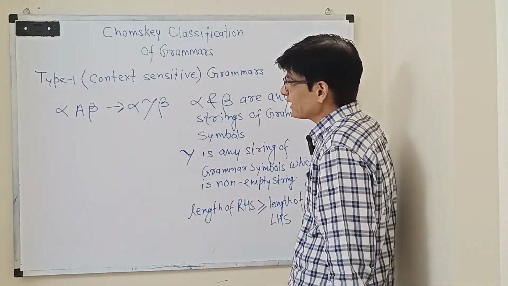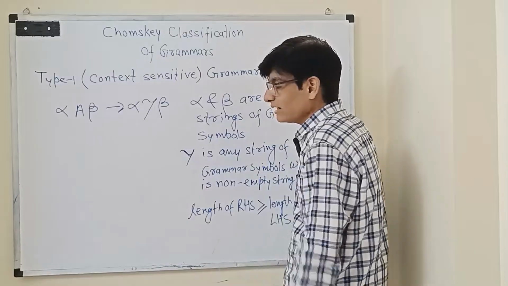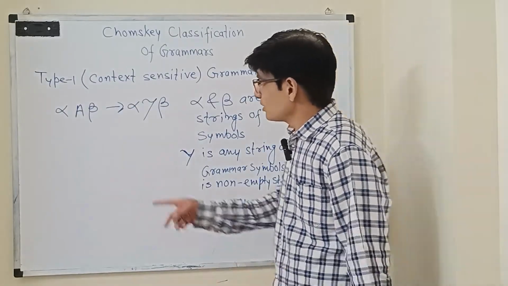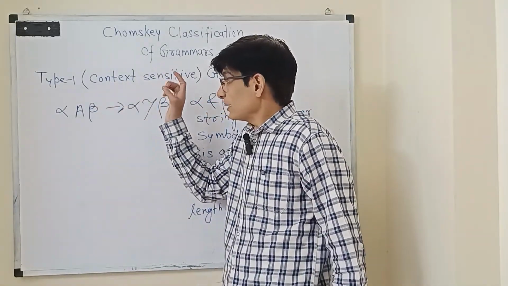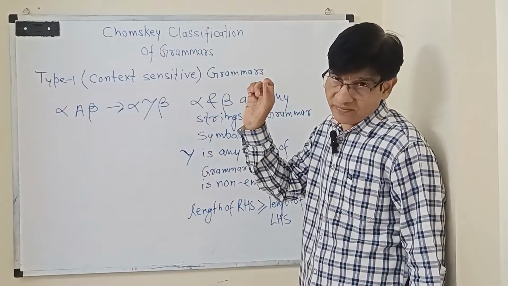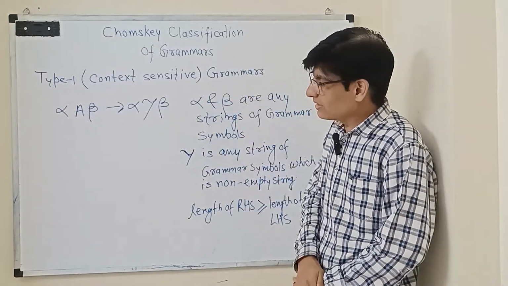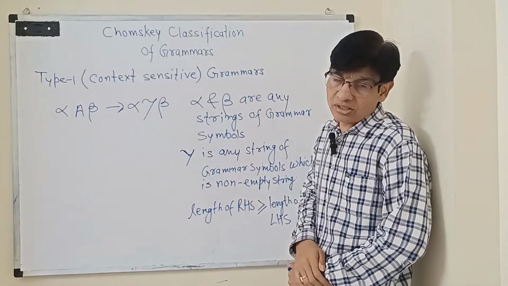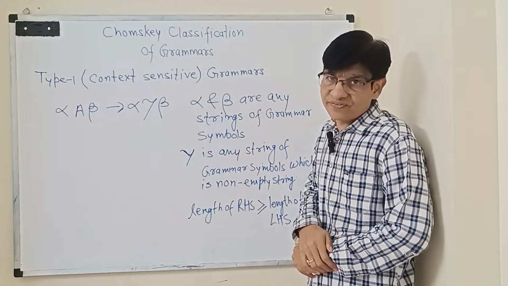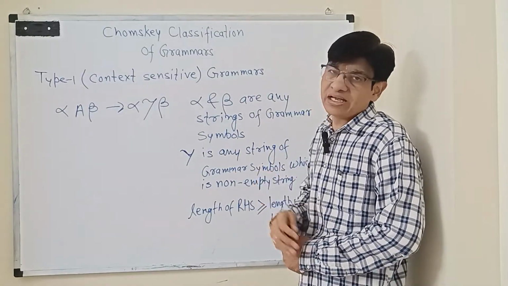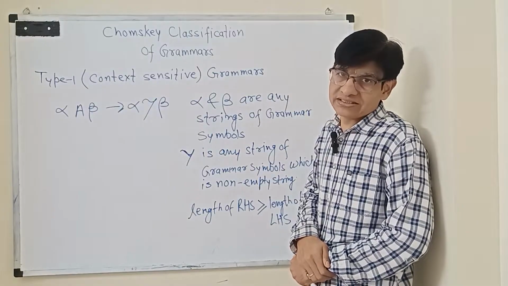Now what do you mean by context here? Context means if the meaning of any word is depending on its previous word and afterword, then such languages are known as context sensitive language.